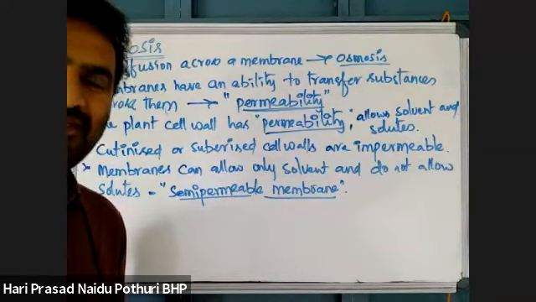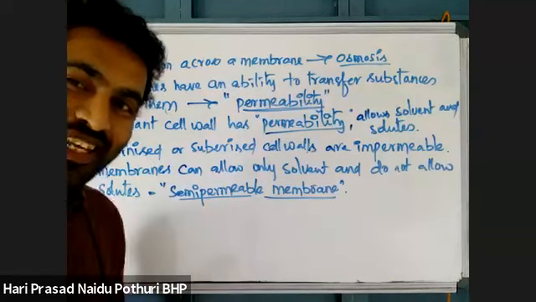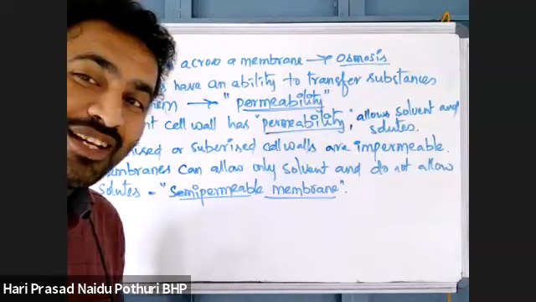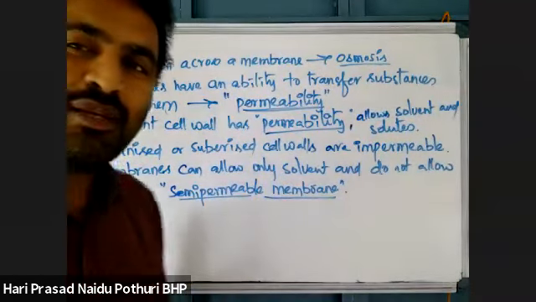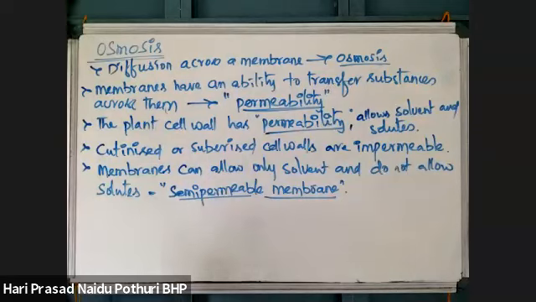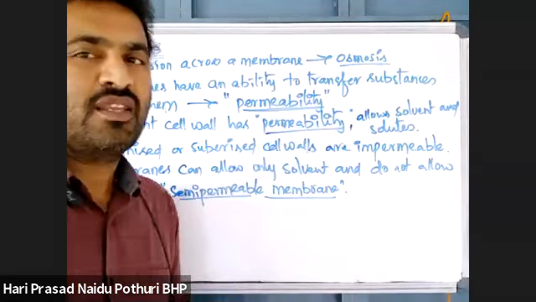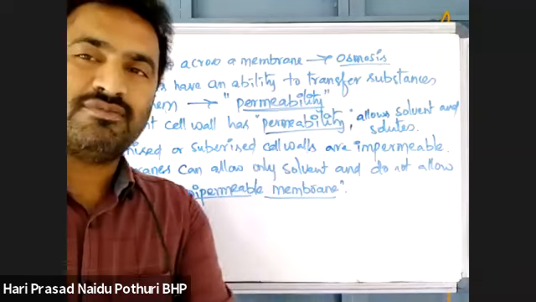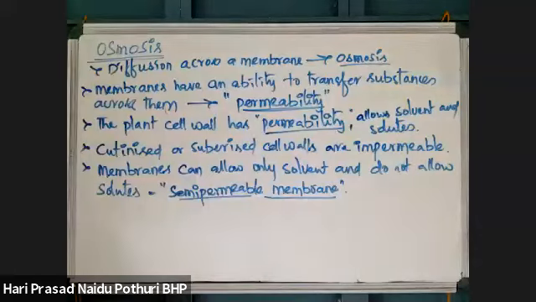But you told it wrong. You are saying the outer membrane of plastids and mitochondria are permeable. But the inner membranes of plastids and mitochondria are semi-permeable or selectively permeable, whereas the outer membranes of mitochondria and plastids are fully permeable in nature.